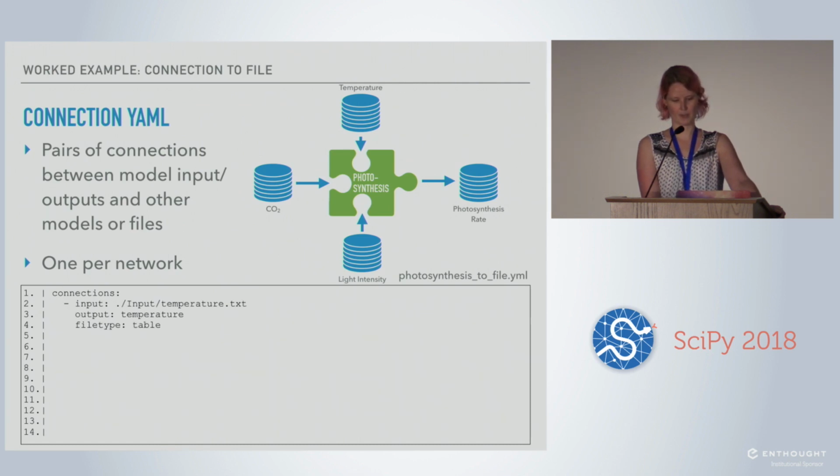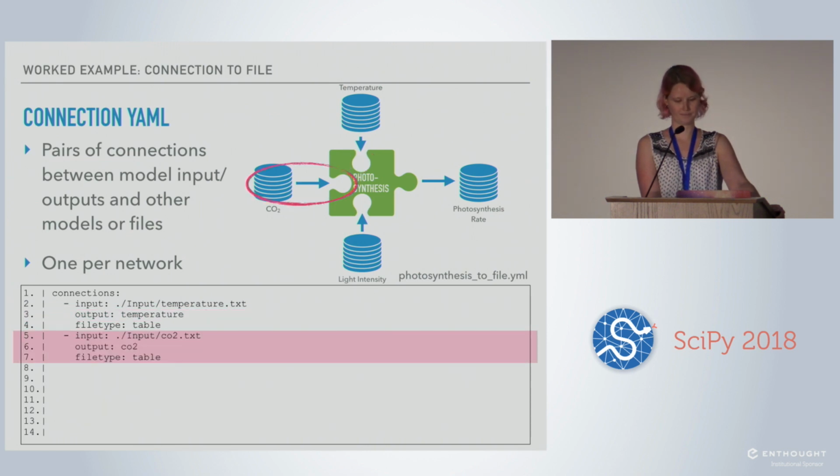So in our first example, we have the temperature. We're taking from temperature.txt and passing it to the temperature input channel for the photosynthesis model, and also specifying that the file type is a table.